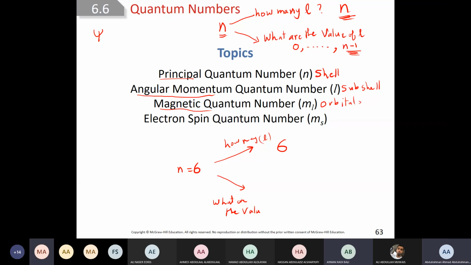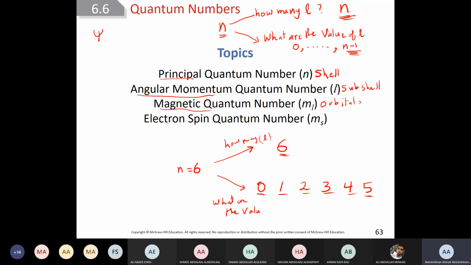What are the values? Let's count them: 0, 1, 2, 3, 4, and we'll stop at 5. Count them: 1, 2, 3, 4, 5, and 6 solutions. Is this clear? Good. I hope this is clear and you are able to do it.